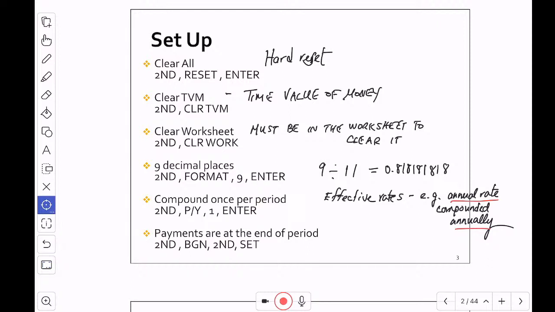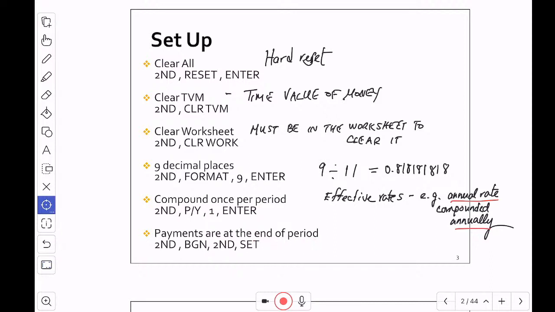Okay, no questions? The final setting is to ensure your calculator is in end mode. The factory settings default to end mode.